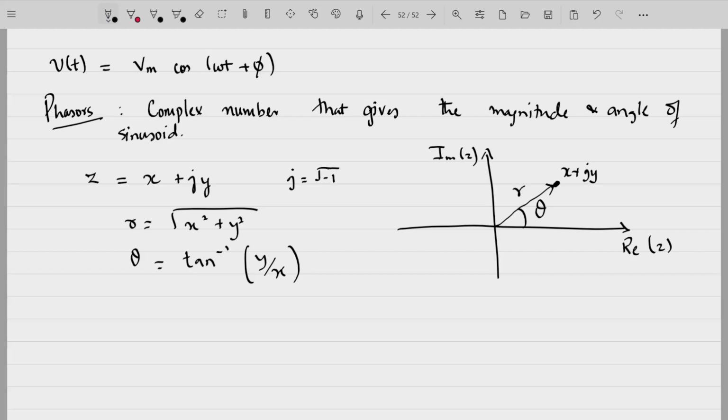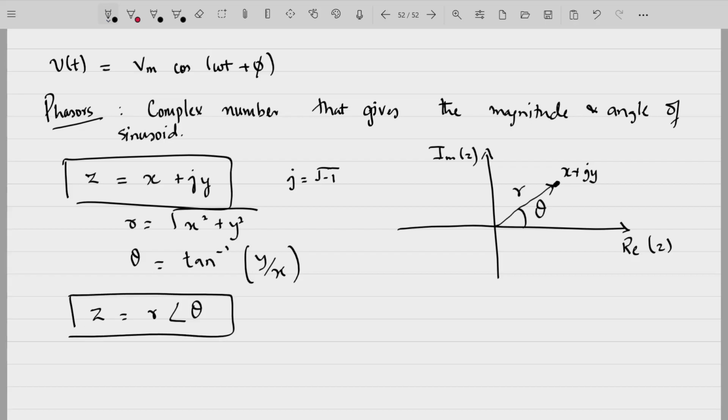Also, once you have this r and theta, you can represent the complex number in polar form by writing its magnitude and then its angle. Fine. So z equal to x plus jy is its rectangular form. z is equal to r angle theta is its polar form. Also, you can write it as r e raised to the power j theta.